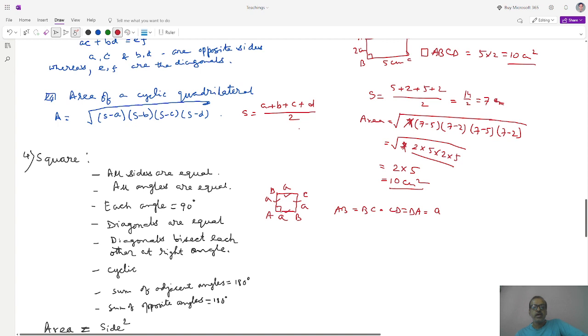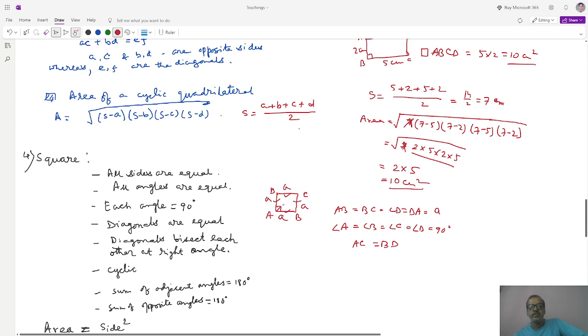And all the angles are equal to 90 degrees. All sides are equal, all angles are equal, and each angle equals 90 degrees. Diagonals here: diagonal AC equals BD.